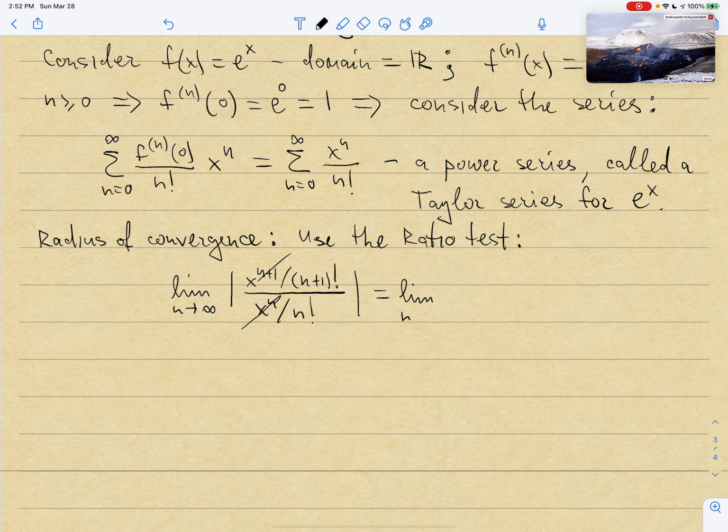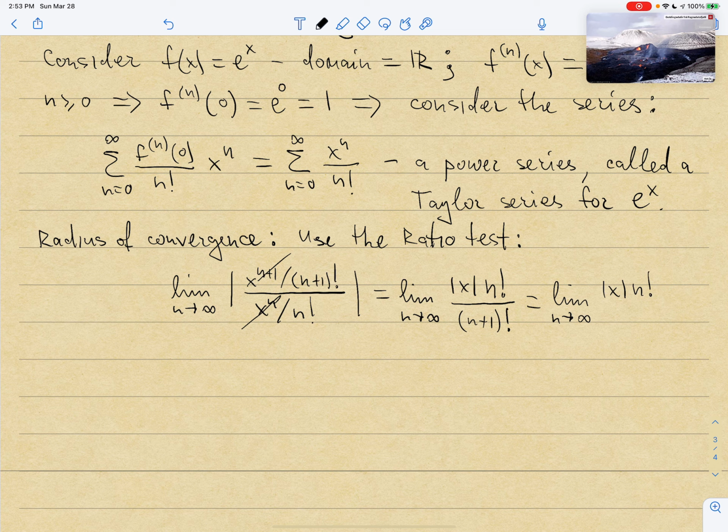So limit n approaches infinity, then absolute value of x. Then I have 1 over 1 over n factorial, so n factorial goes to the top, n plus 1 factorial goes to the bottom. Well, this is still a limit, n goes to infinity.